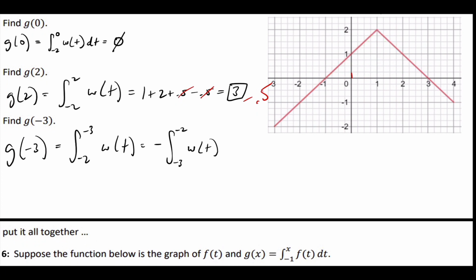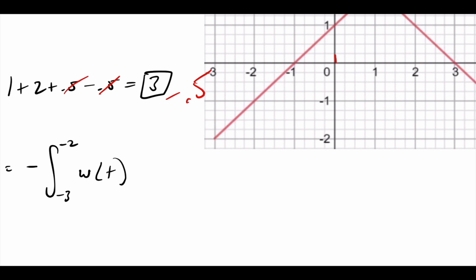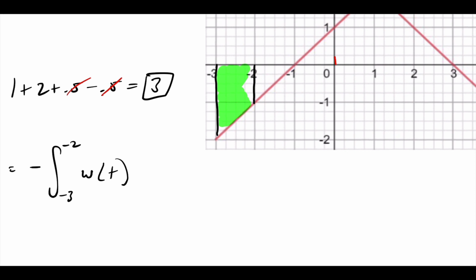Okay? So this guy here is from -3 to -2. That's a trapezoid. Base 1 is 2. Base 2 is 1. 2 plus 1 divided by 2 times the height, which is 1.